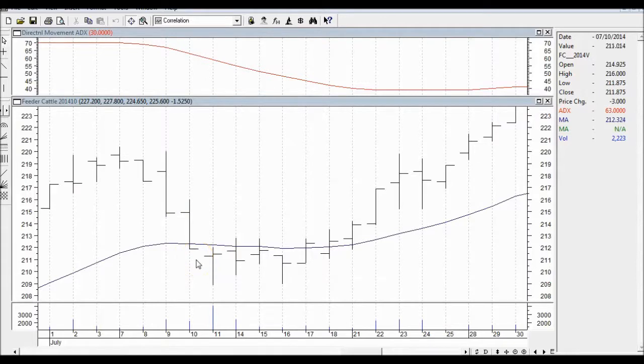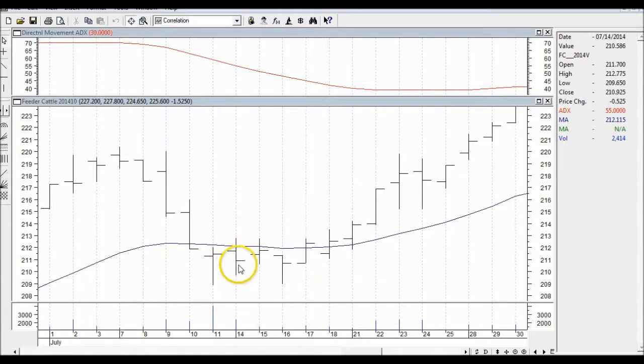I'd rather look for a little bit of contraction at the very least, or maybe a signal like this, which is basically a hammer day, as they call them in candlestick charting. In any event, your stop would be placed above this high. This bar trades above that, so you're long.